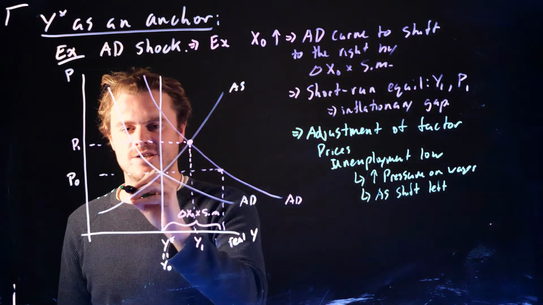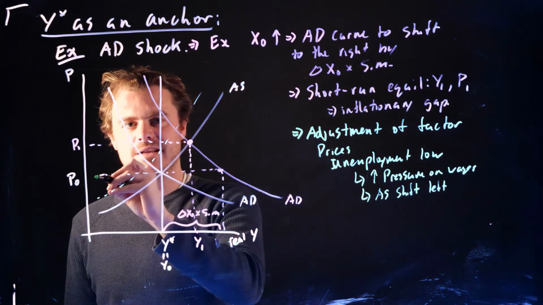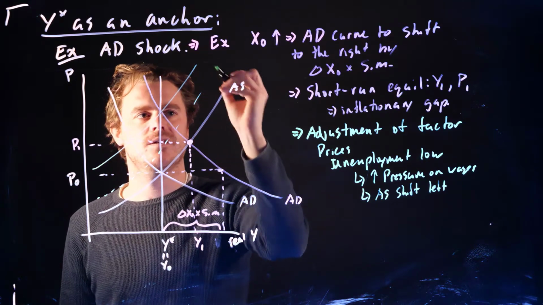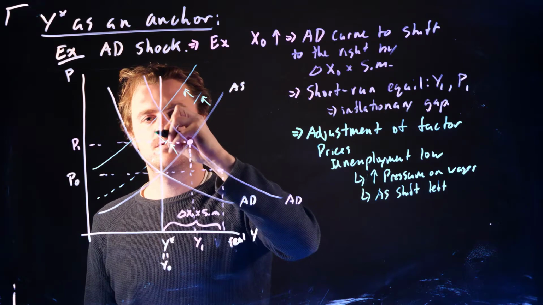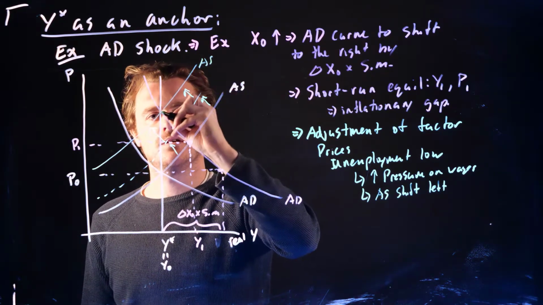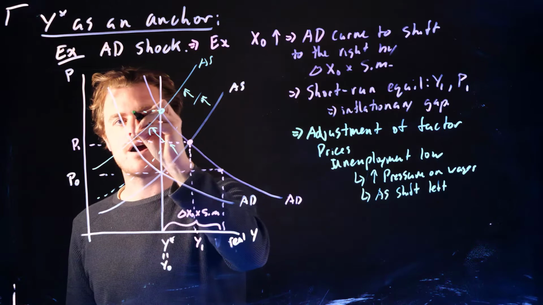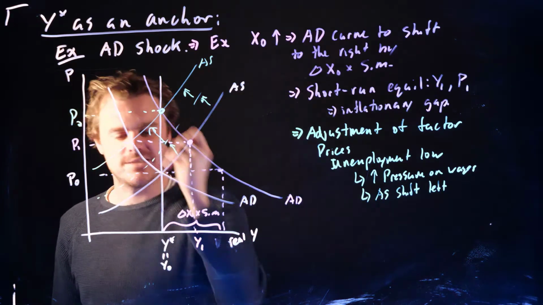So we're going to have wages going up, and it's going to keep on going up until we're back at this Y star, and we have a higher price level.